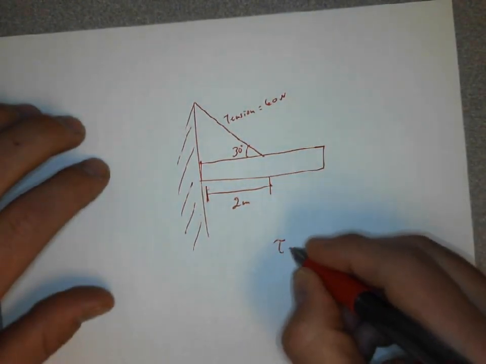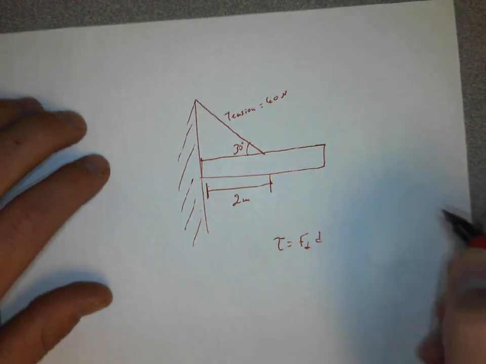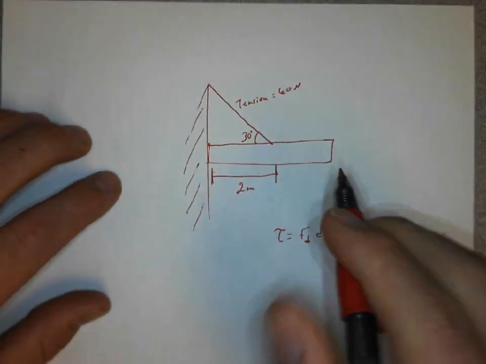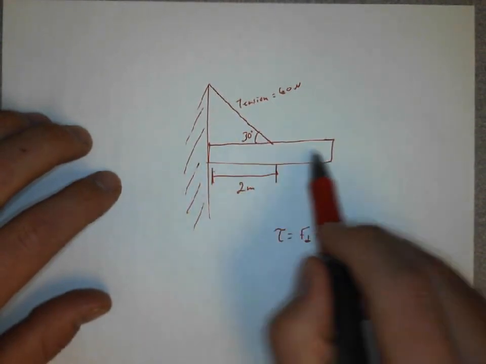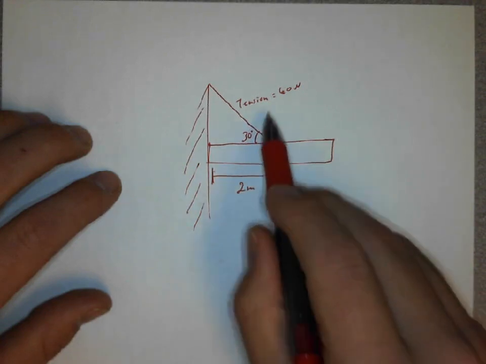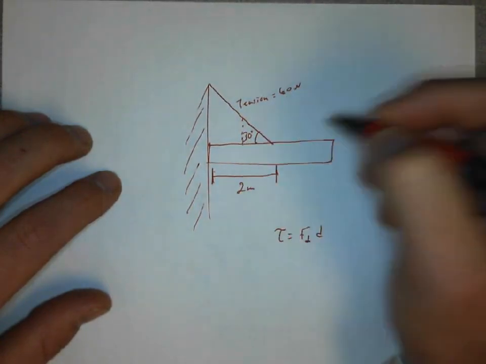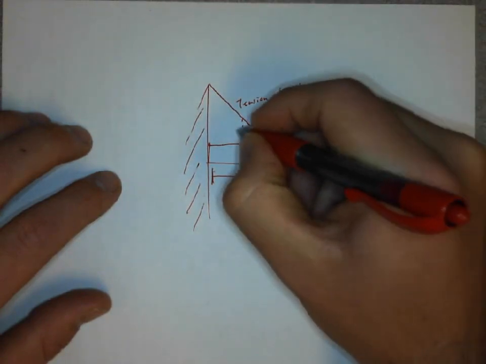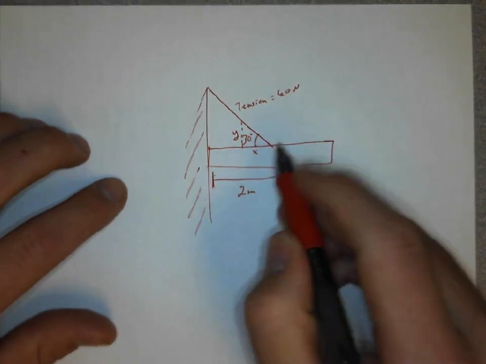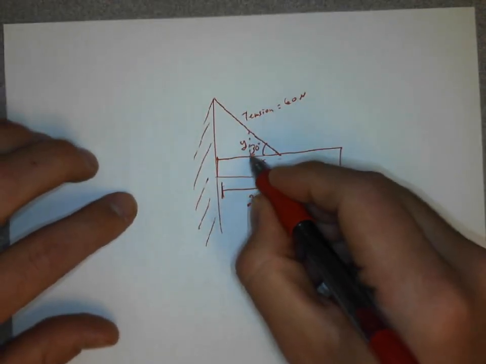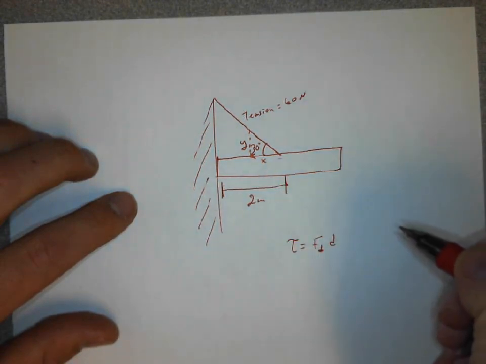Now remember, torque is equal to the perpendicular force times the distance. In this case, this tension is being applied both parallel and perpendicular because it's going at an angle. So you need to draw your triangle, and I've got my x side and my y side. My x side is my parallel side, because it's pulling in line with the bar.